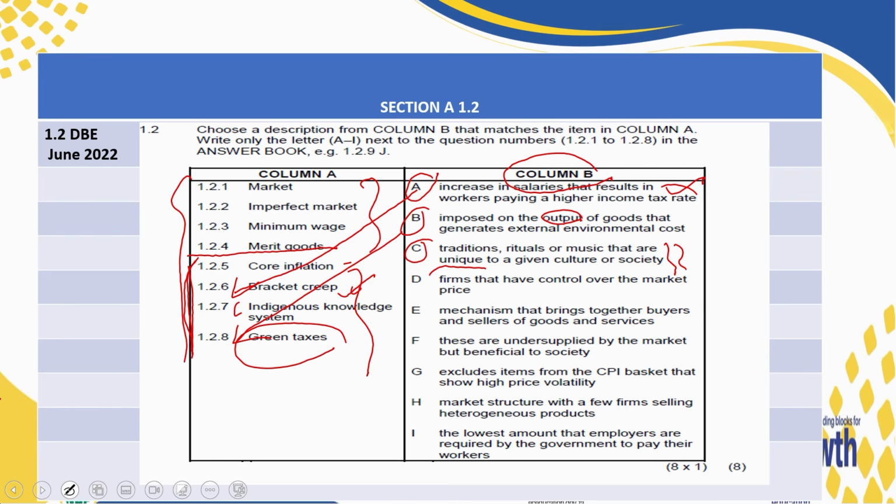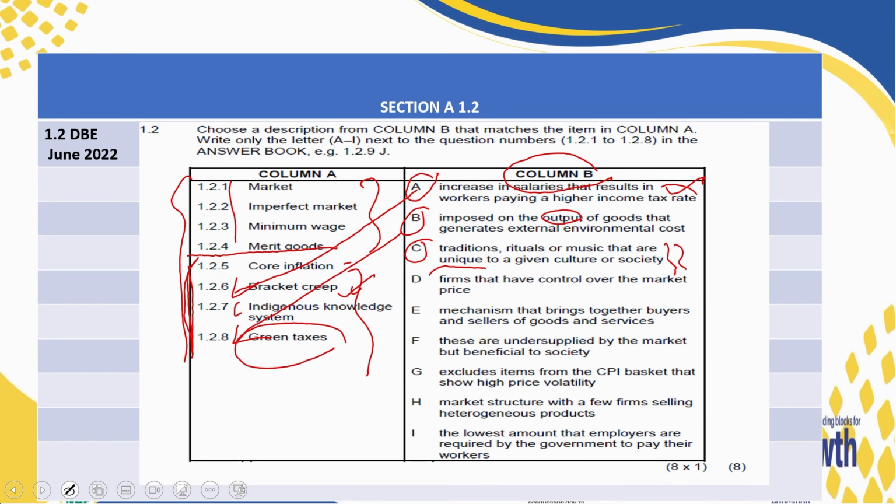Now, let us look at the D. What is D saying? Firms that have control over the market price. Where are we now? We should be in microeconomics. Firms that have control over the market price. Now, which one can this be? Let's look. Is it a market? Nope.